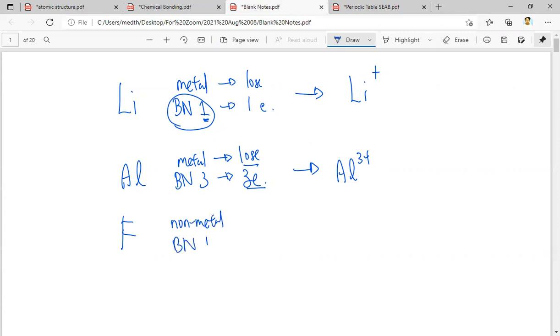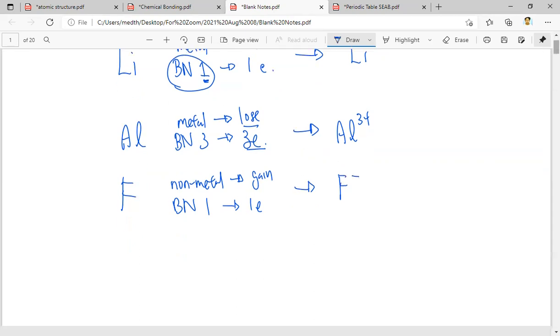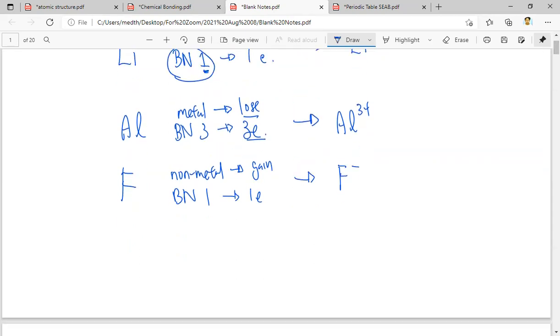The bonding number is 1. Because it's a non-metal, it tends to gain electrons. The bonding number is 1, so obviously 1 electron is involved in bonding. So fluorine tends to gain 1 electron. When fluorine gains 1 electron, it becomes F minus. So you're going to draw F minus.